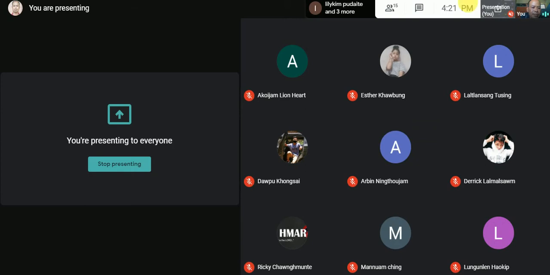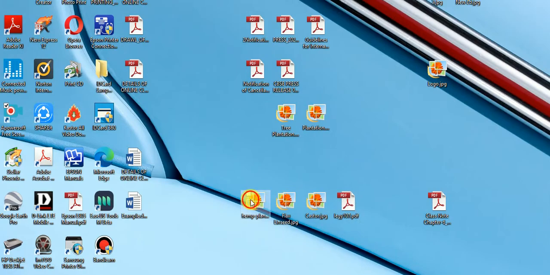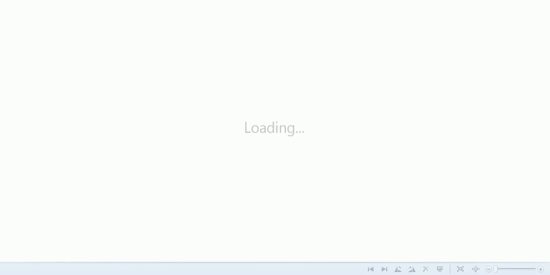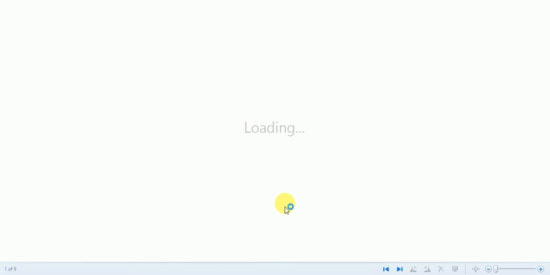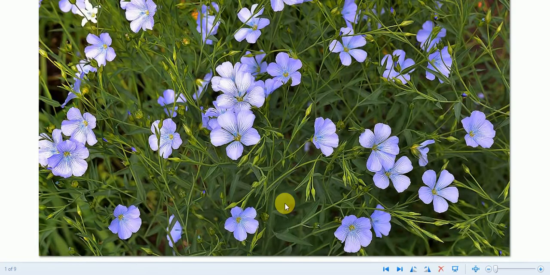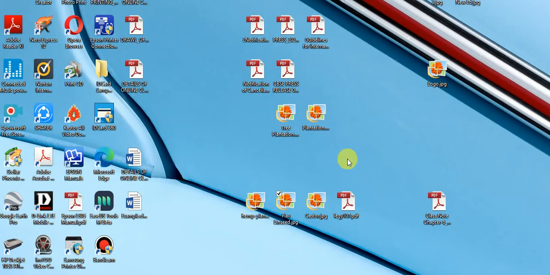I think some pictures are there. This is the flax plant, and from this plant we get linseed.